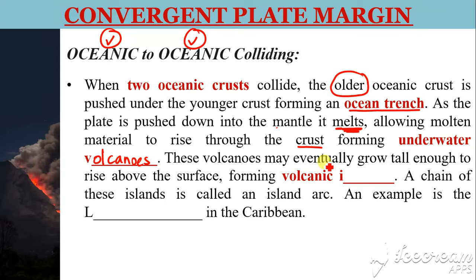These volcanoes may eventually grow tall enough to rise above the surface, and they're no longer called underwater volcanoes, but they're now called volcanic islands. And we have a chain of islands that can be formed, and a perfect example of this is the Lesser Antilles, which is found in the Caribbean.